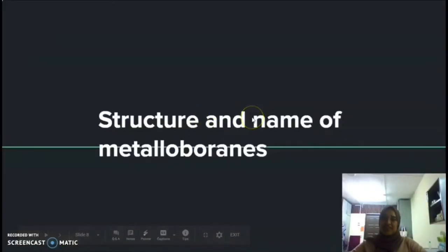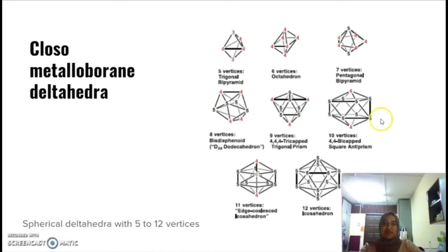Hi, good morning. My name is Fatma and I will continue the presentation with the structure and name of the metalloborane. There are a few structures of metalloborane, and a variety of deltahedral metalloborane structures were discovered that are topologically distinct from the closo deltahedra. The first structure is the closo metalloborane deltahedra.